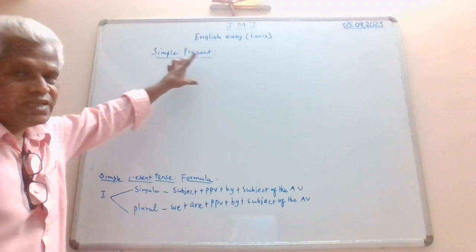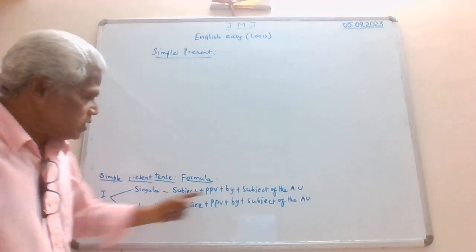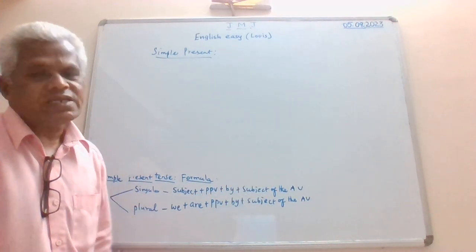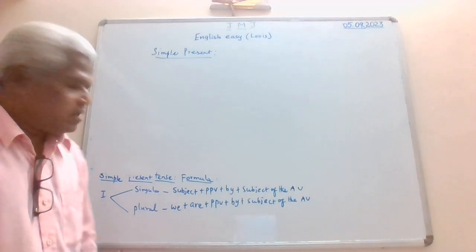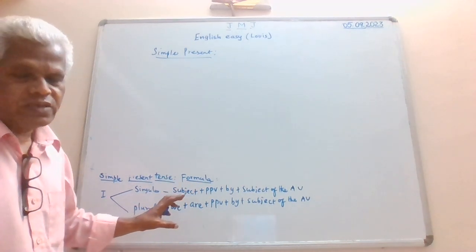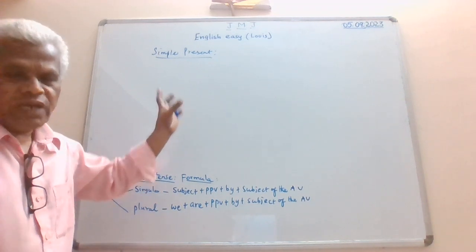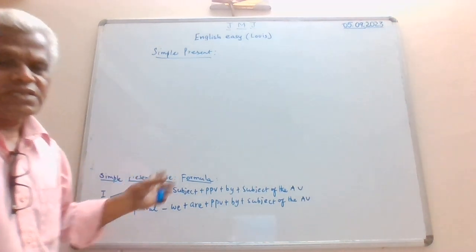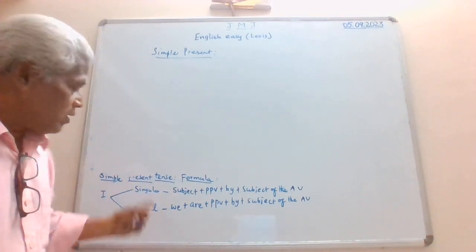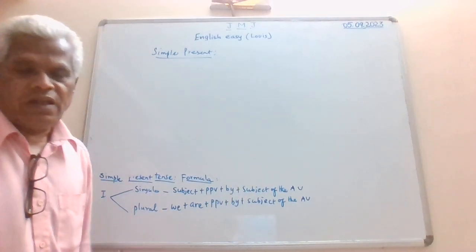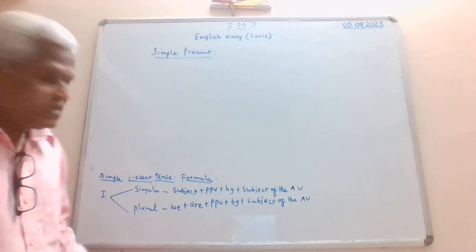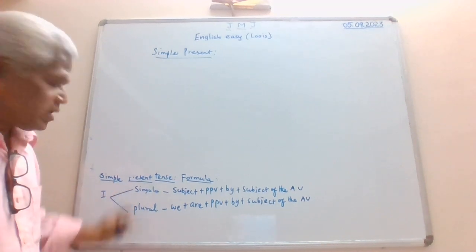I will write the sentence in active voice, and then according to this rule, I will change the sentence and show you. All this is written in passive voice, because we are in passive voice now. So I will write and show you the active voice sentence, and then how it is going to be changed according to the rules that I have written here. For the time being, just remain with the first person singular and plural.